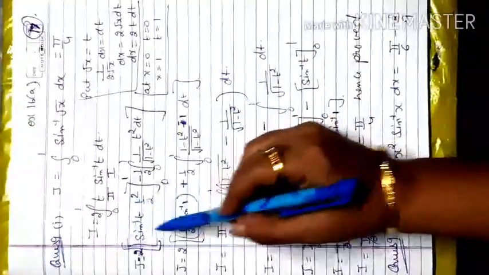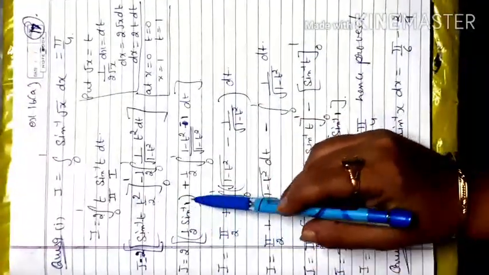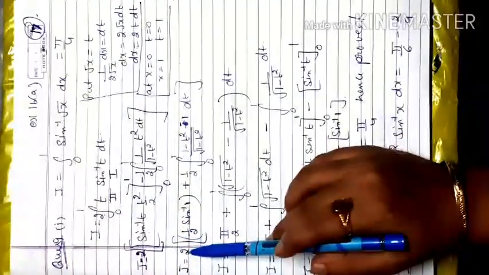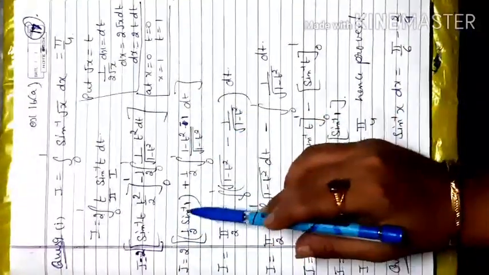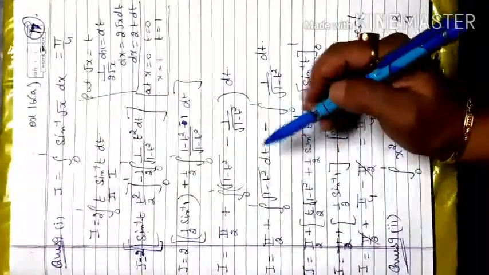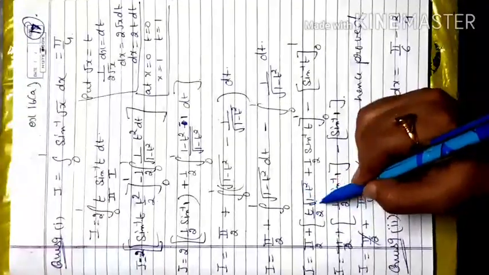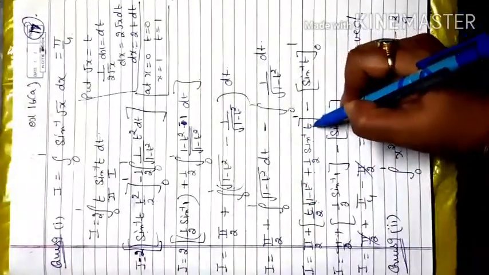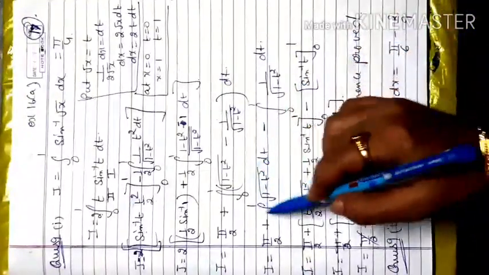When you apply the limit here, only sine inverse 1 by 2 is left, but when you apply 2 multiplied with all the terms, so only pi by 2 is left. And here the formula for root of a square minus x square is x by 2 root of a square minus x square plus 1 by 2 sine inverse x. So you have to apply the formula here.